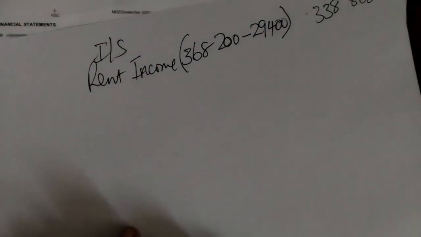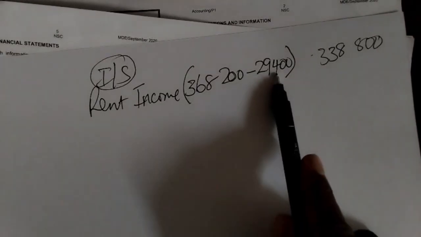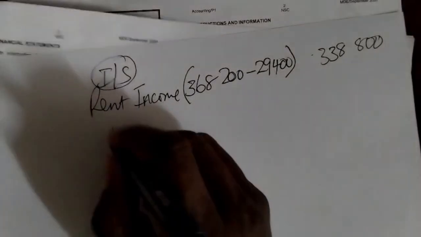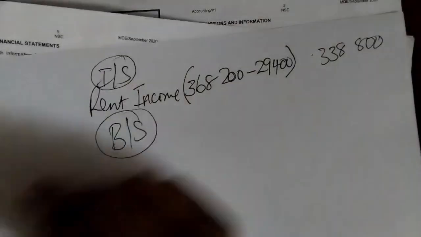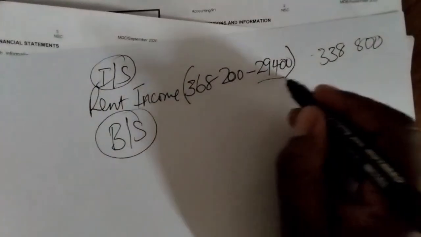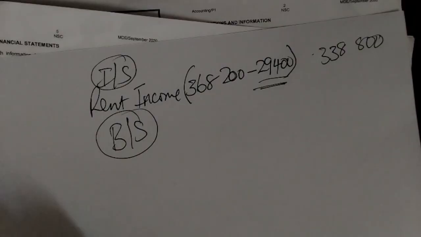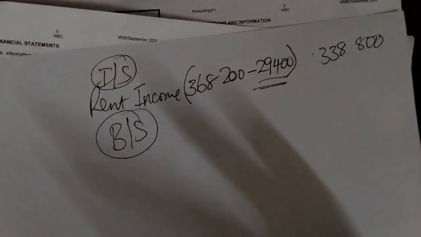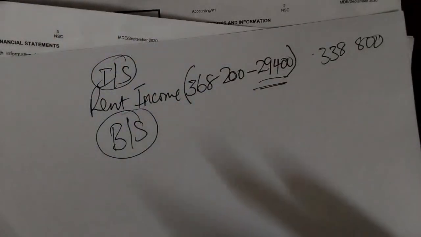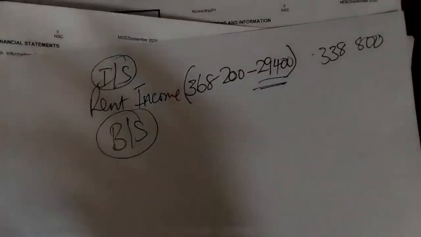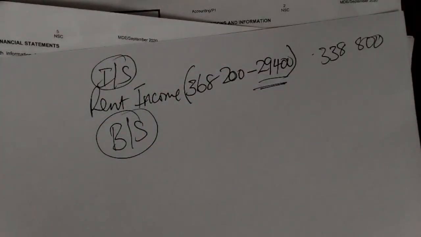338,800. So this is what you do on your income statement: rent income 368,200 minus 29,400. But when you're doing the statement of financial position or balance sheet, you need to remember that this 29,400 is income received in advance. In other words, the customer paid you more rent than what they were supposed to pay, because they were supposed to pay rent for 12 months, but they paid rent for 13 months.